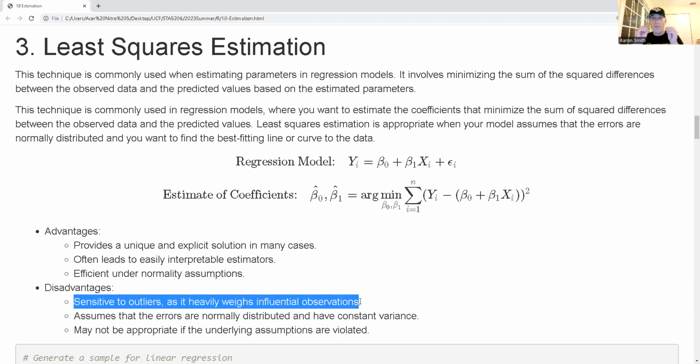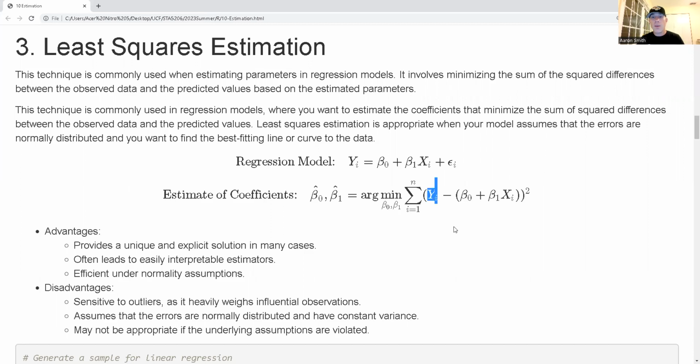So if I have a large Y value in my data set, depending on what's going on with the rest of the data, if this is super, super big, imagine my Y values are 1, 2, 3, 4, 5, and 10 million.